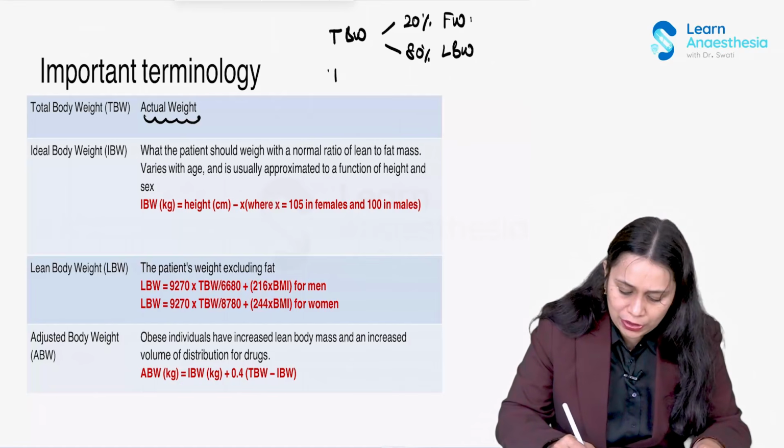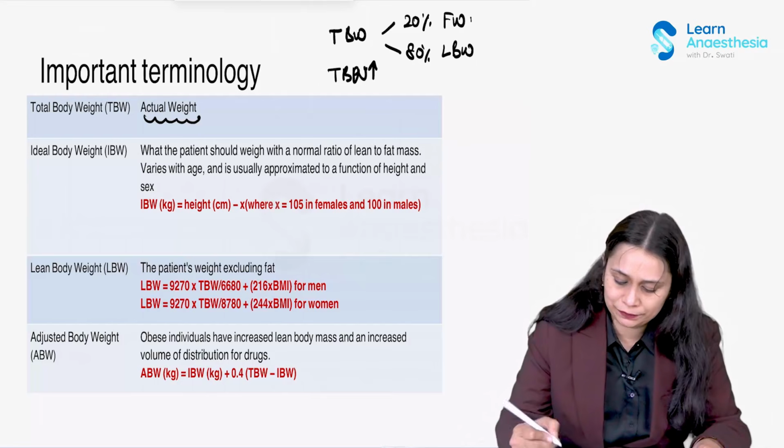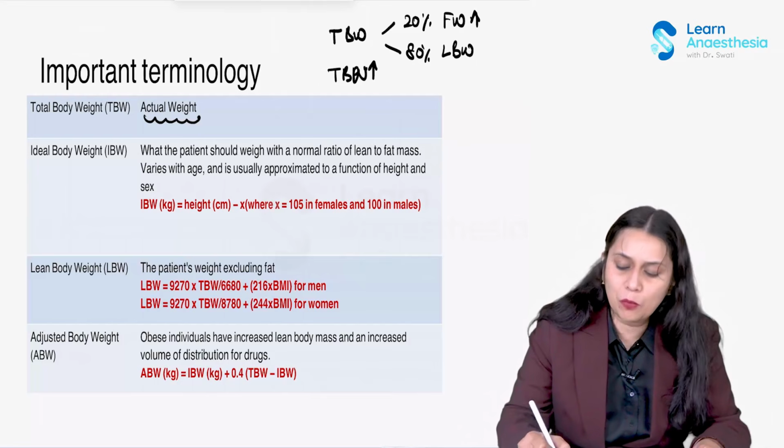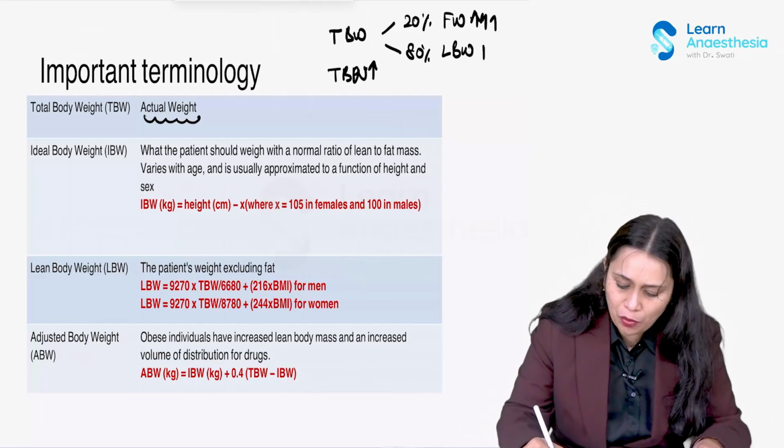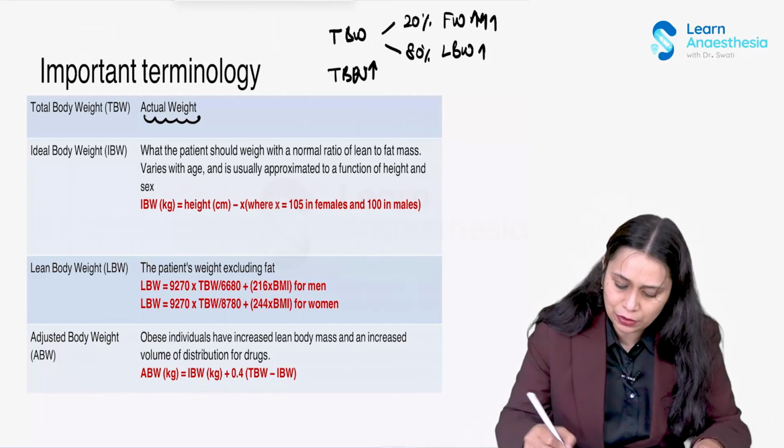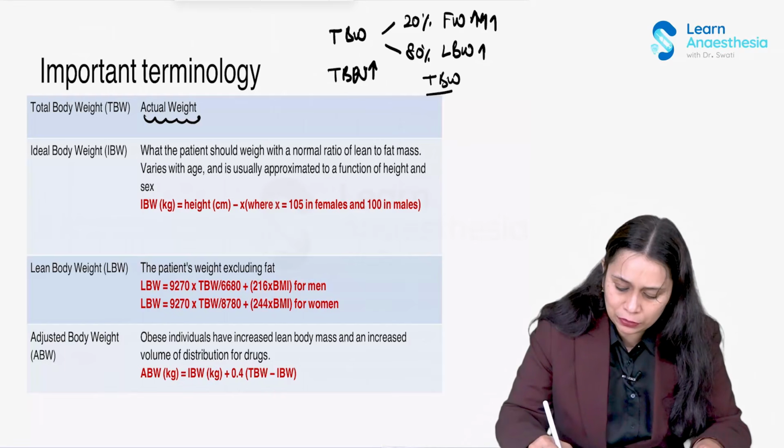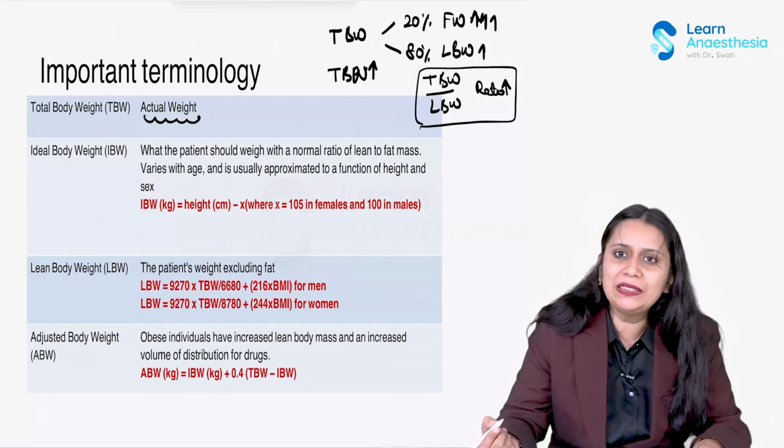So when total body weight increases in obese patients, fat weight increases more and lean body weight also increases but less. So the ratio of total body weight to lean body weight increases in obese patients, right? The ratio increases. So what is lean body weight?